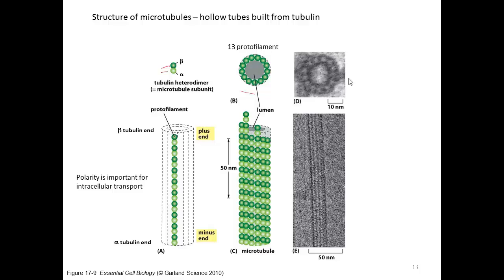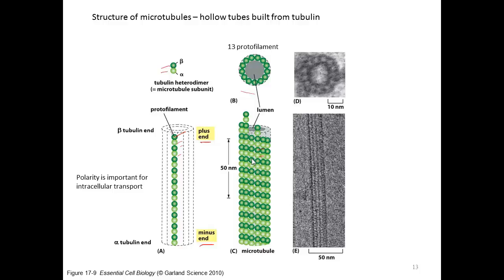And as we mentioned before, the polarity is very important. You have plus ends and minus ends of microtubules with the beta subunit, alpha subunit, beta subunit. So the beta subunit is the end subunit on the plus end. The lateral interactions between the protofilaments are non-covalent, which I think is a little bit surprising given the stiffness of the tubules themselves.